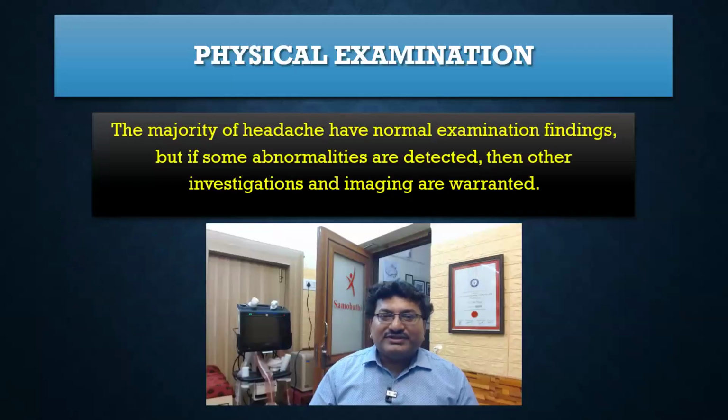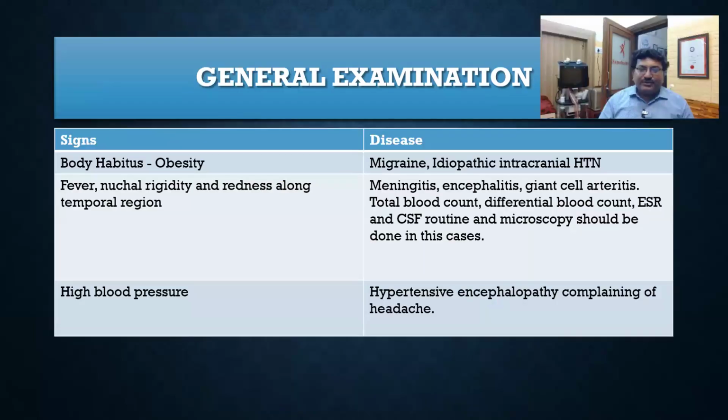Now coming to the physical examination, remember there is always a paucity of examination findings because the majority of headaches have normal examination findings. But if abnormalities are detected, then other investigations and imaging should be done immediately because these are usually not primary headaches. So in general examination, we have to check the body habitus, fever, neck rigidity.